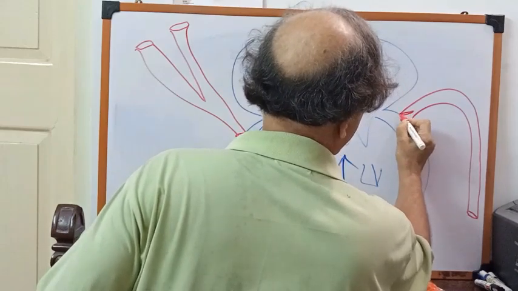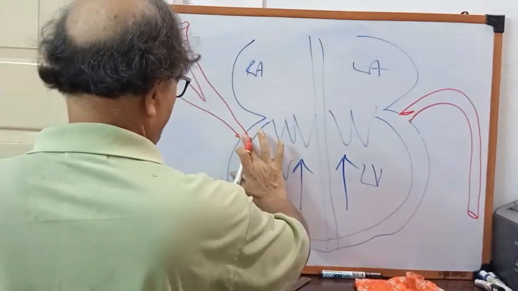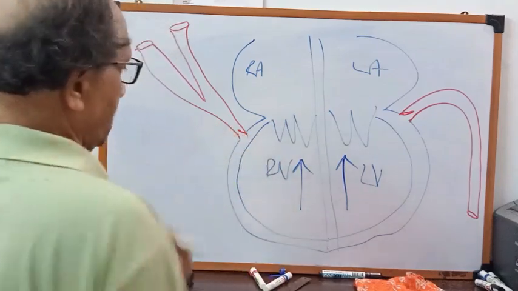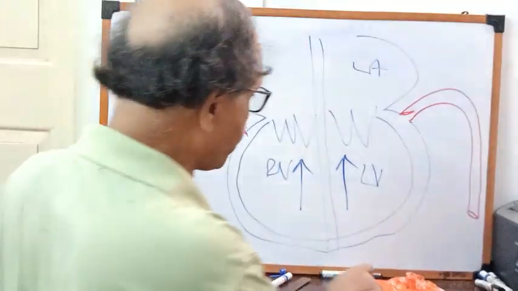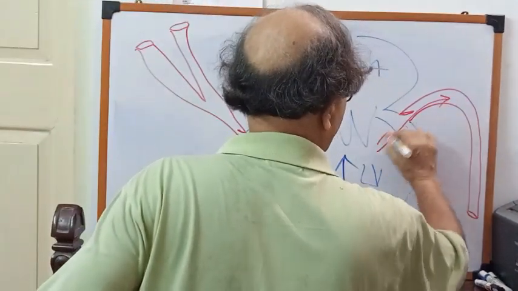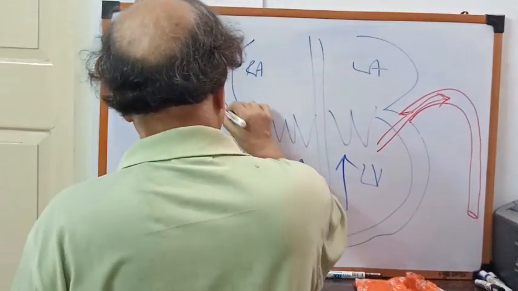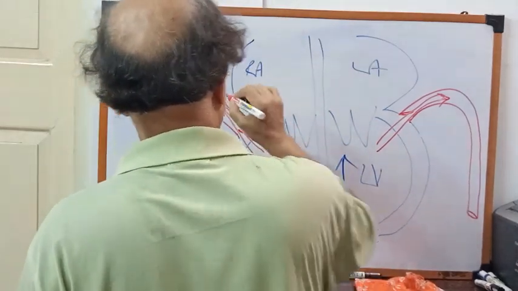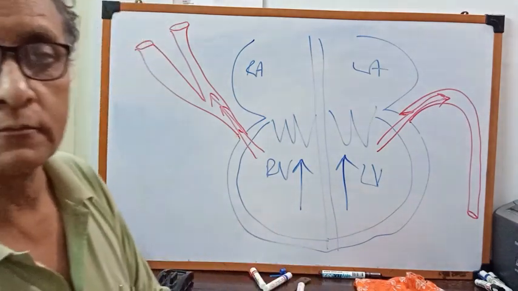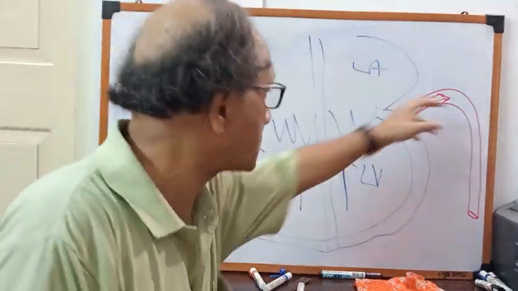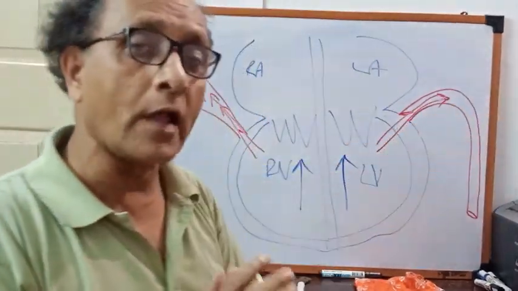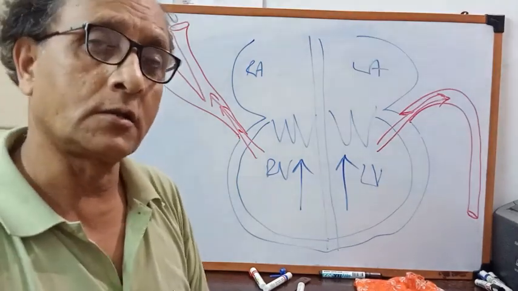With the opening of the semilunar valves, blood will start coming out of the ventricle, and that is known as ventricular ejection.